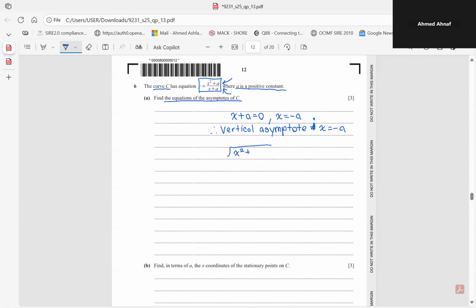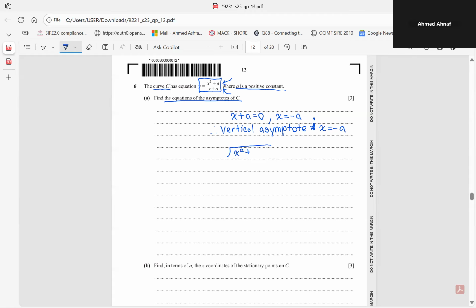To do that, you take out your constant term, which is a squared plus a, and you differentiate x plus a to the power of -1. So you bring your power to the front, so minus x plus a, and then you minus 1 from your original power, which is minus 2. And then you differentiate the inner function with respect to x, so that's just 1. So you multiply by 1.